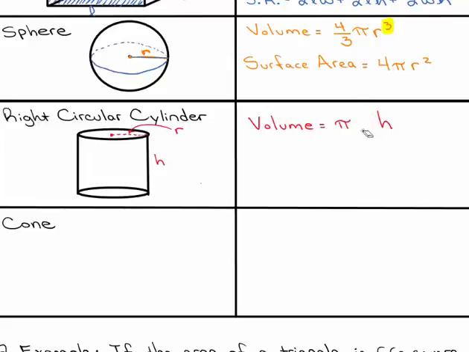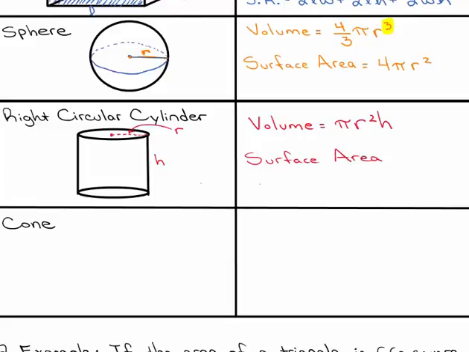Well, no, where did all my stuff go here? R squared. Let's put that back. All right, surface area of a right circular cylinder. Surface area.